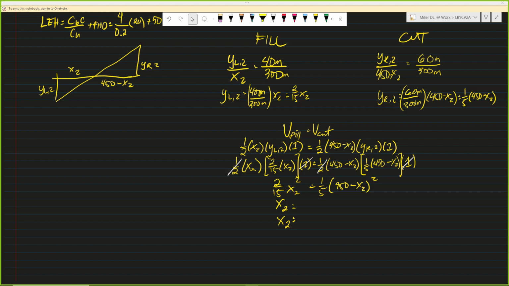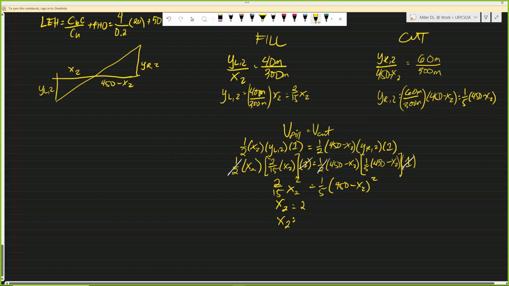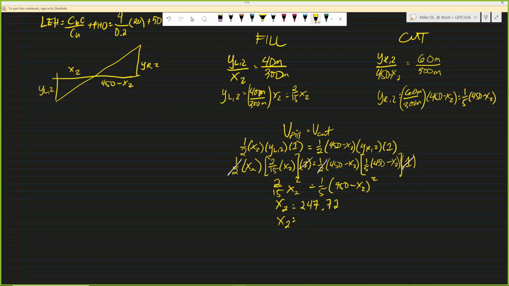We have 247.72962 meters, and the other one is 1,452.27038 meters.